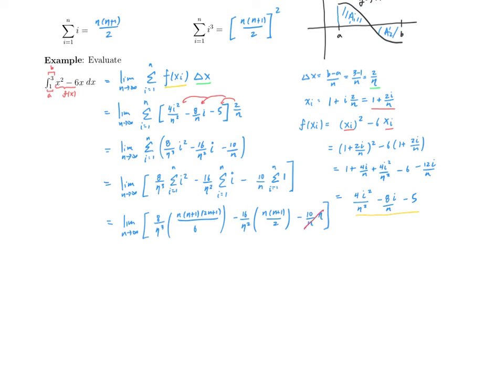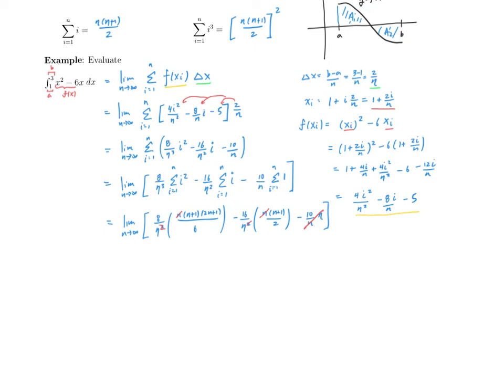The n over n cancels. And then looking at previous terms, you can say in the middle you have an n and one of the n's in the bottom. And in the first term, you could maybe say an n and one of those n's in the bottom. But whether we do those simplifications or not, we can really think of this as 3 separate limits.